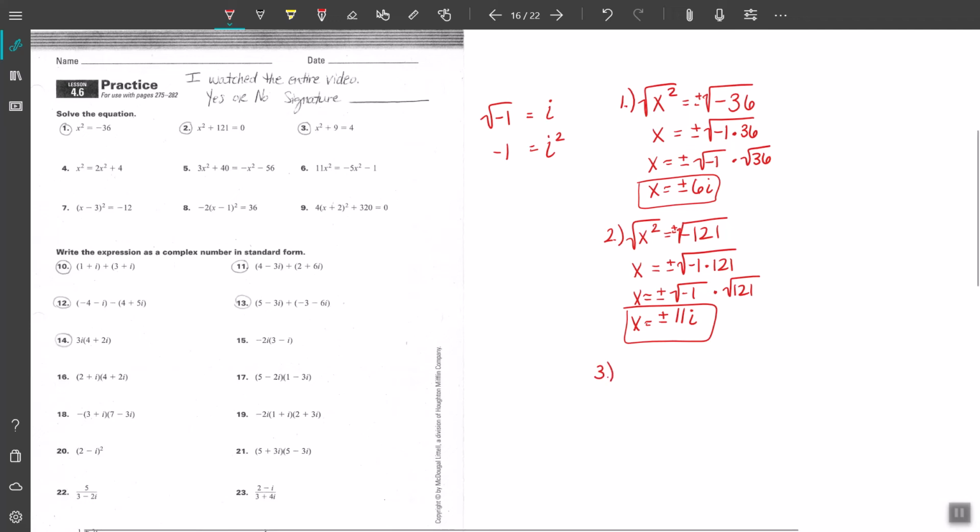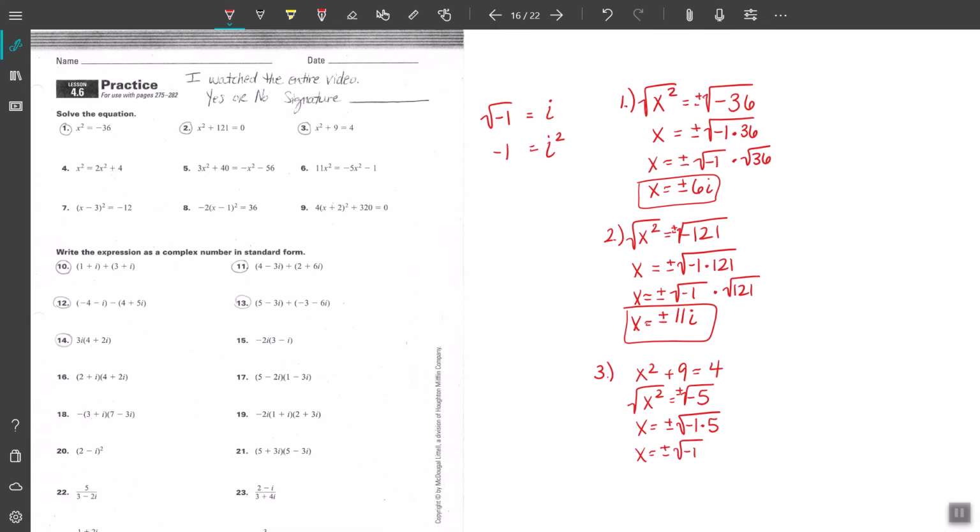All right, same process on number 3. We need to get x squared by itself. I'll do that by subtracting 9 off both sides. I'm going to take the square root of both sides, remembering to put that plus minus next to the square root of -5. And so now we see that when we rewrite -5 as a product of -1 and positive 5, we can separate those.